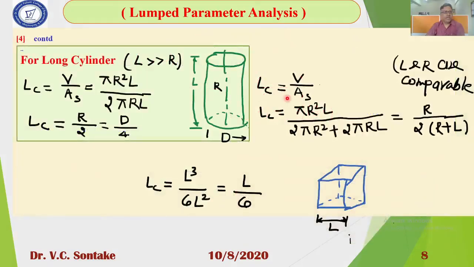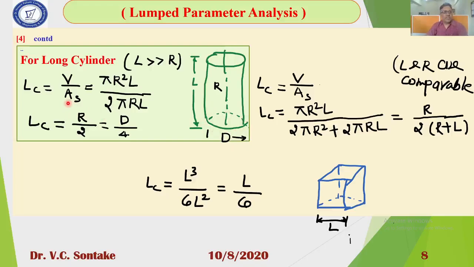The next geometry is the long cylinder. Now a long cylinder is defined as a cylinder whose length is very large compared to its diameter. So compared to its length, its diameter or radius is negligible. So the surface area of the top surface and bottom surface, I can neglect.